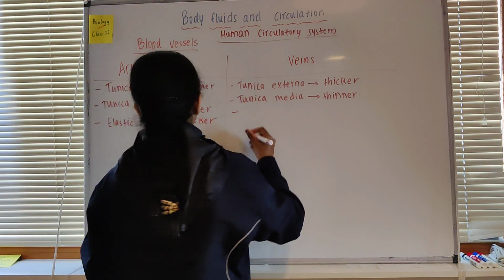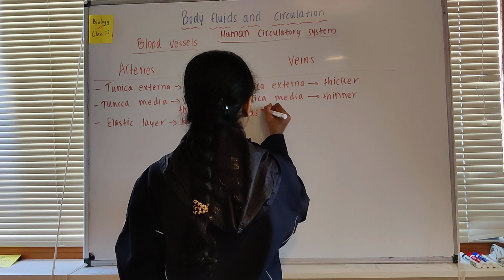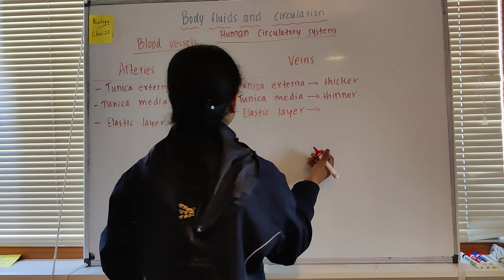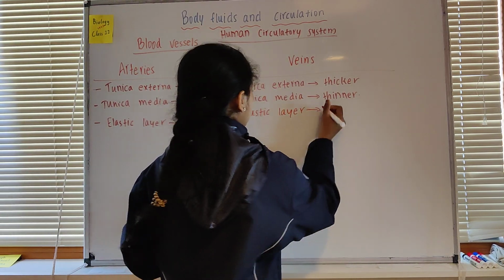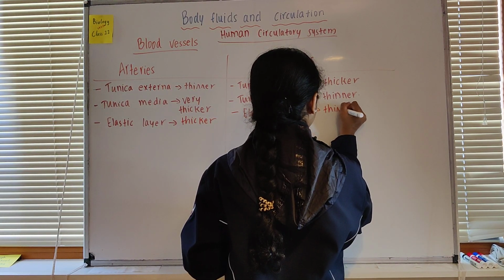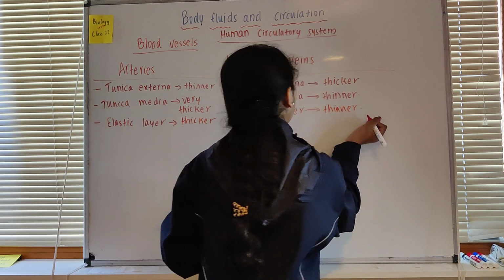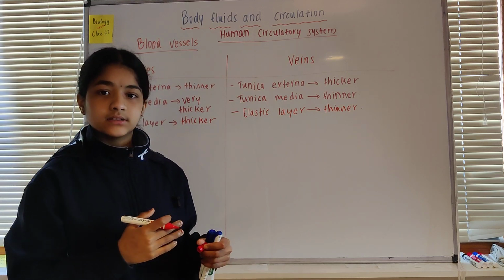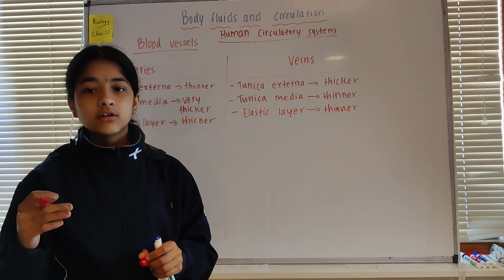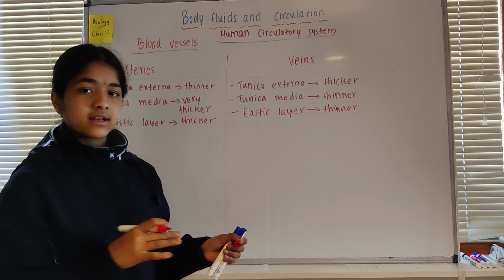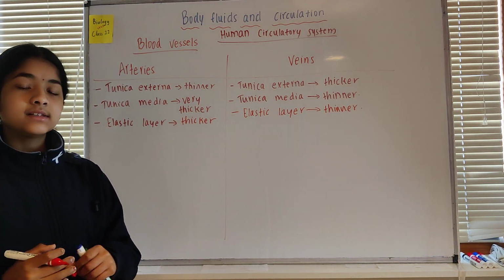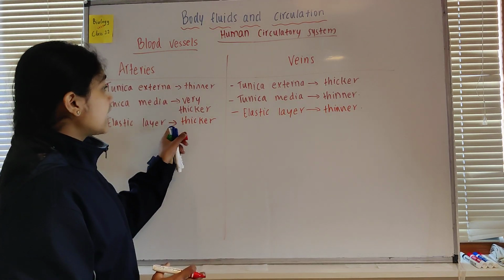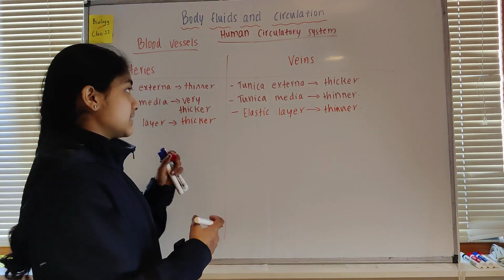In veins, it is thinner. Now, these three layers: tunica externa, tunica media, and tunica interna, which has the elastic layer and endothelium, are all different in arteries and veins. Some of them are thick and some are thin in the different blood vessels.